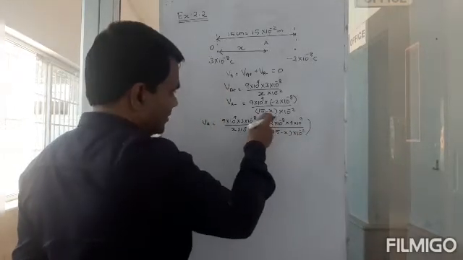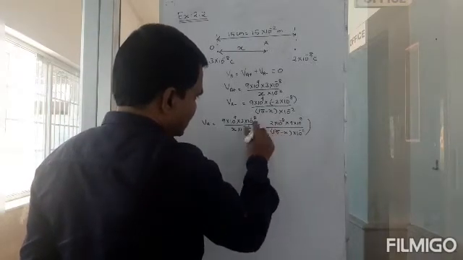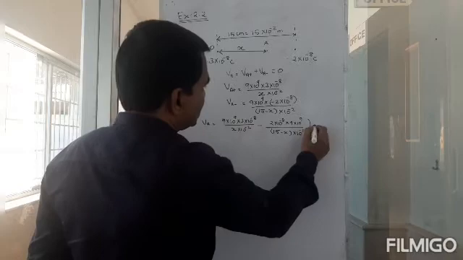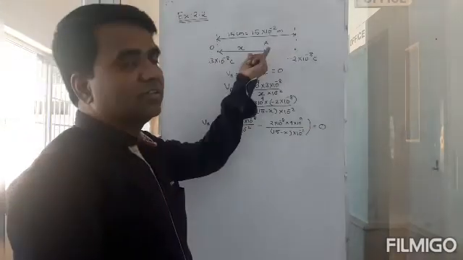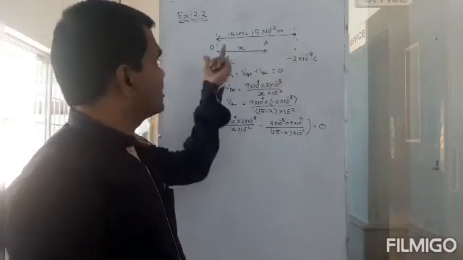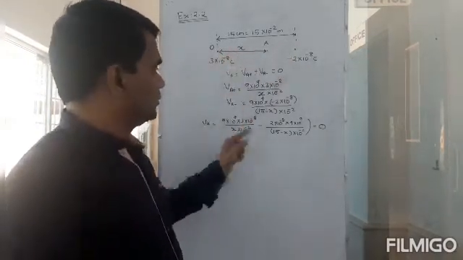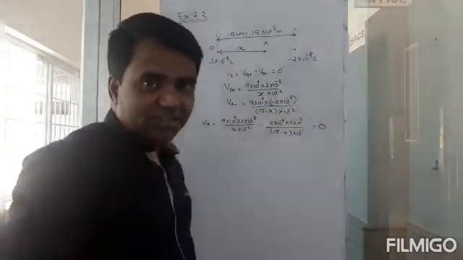So this will become negative, right? And this must be equal to 0. So they should cancel each other out. So the potential due to this must be equal to this one. When I get something like this, then I can take it to the other side.